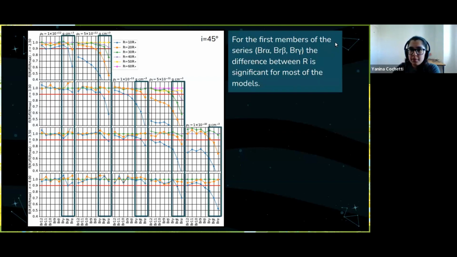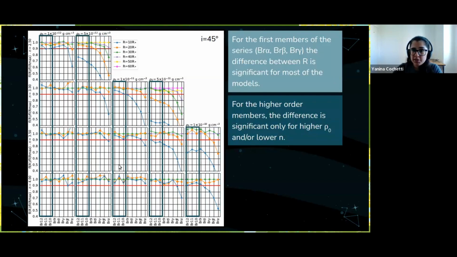So we can see that for the first members of the series, Brackett alpha, Brackett beta, and Brackett gamma, the difference between modeling with 10 or with 30 or 40 stellar radii is significant for most of the models. But for the higher order members, this difference is only significant when we have a high density, like here, for example, or a smaller value for the n exponent.